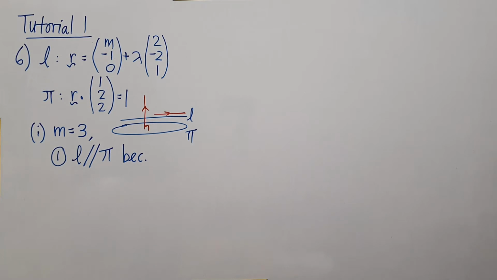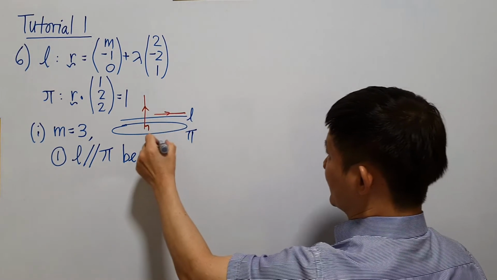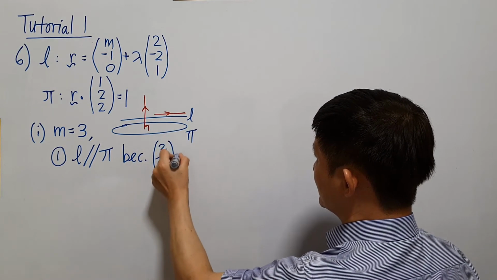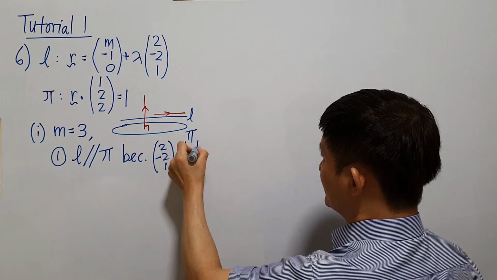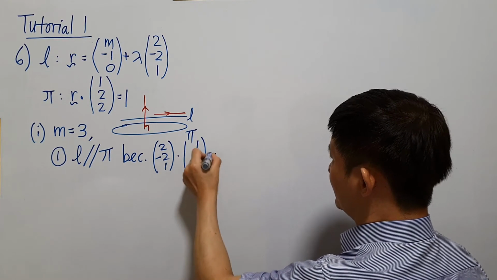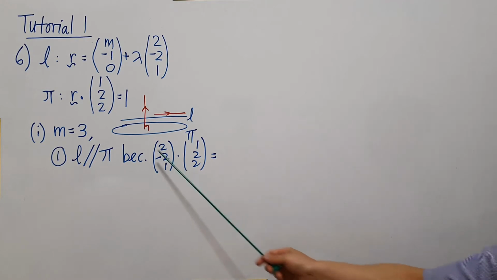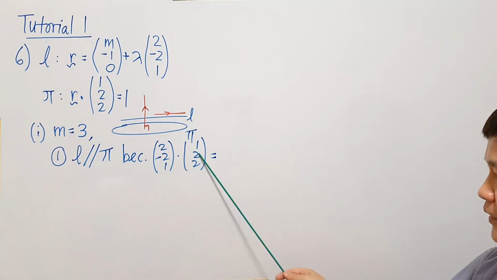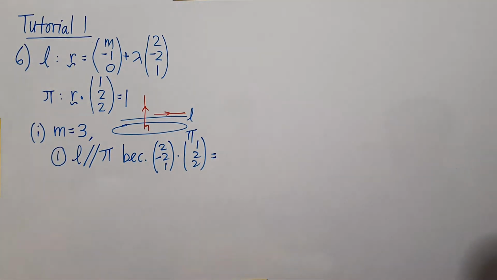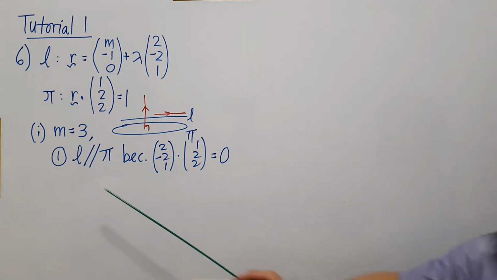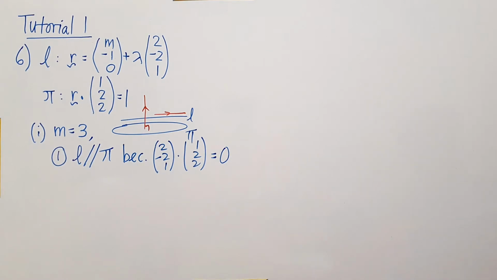So to check, I will take the directional vector of the line, which is (2, -2, 1), dot with the normal vector of the plane, and let's see what you get. You will get 2 minus 4 plus 2, and that gives you 0. So that confirms that the line is parallel to the plane.